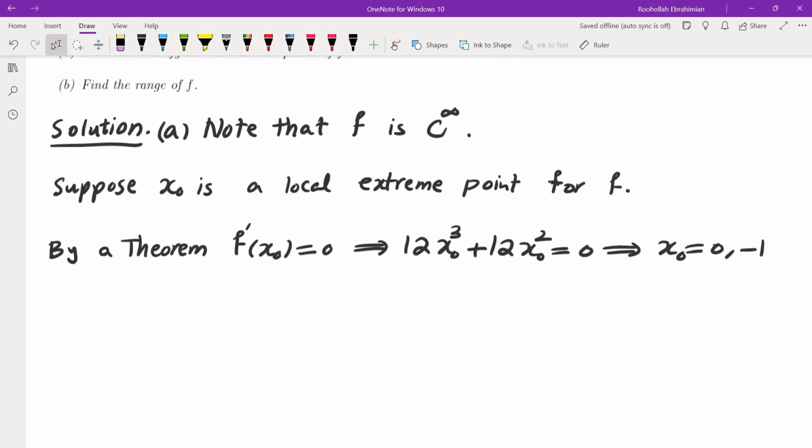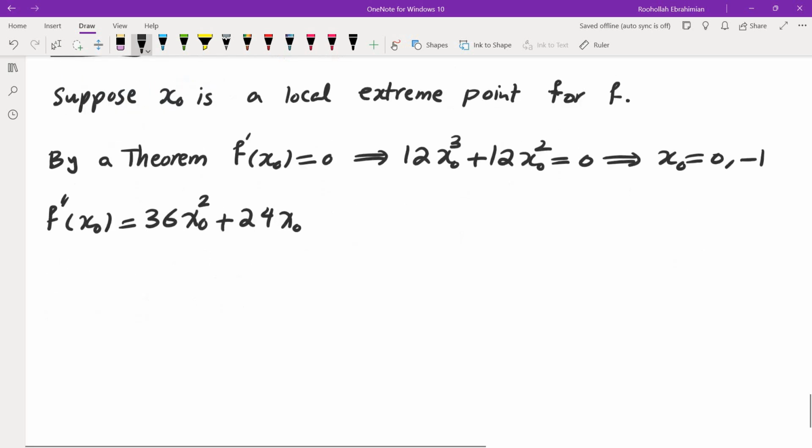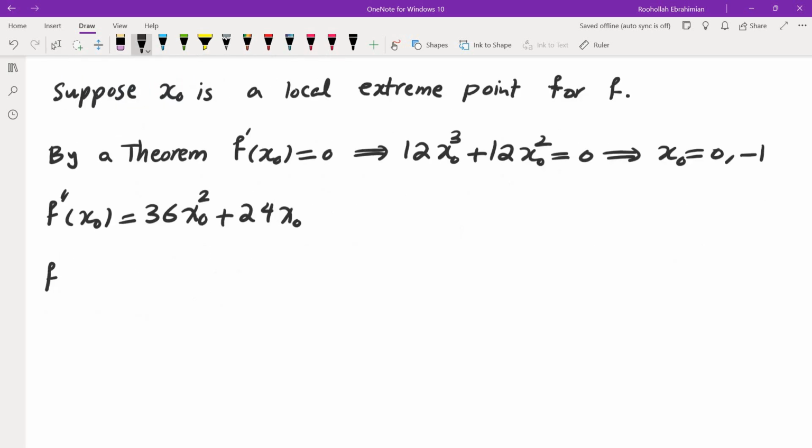Okay, let's look at the second derivative. Second derivative of f becomes 36 x naught squared plus 24 x naught. So if you look at f double prime of 0, we're just going to get 0. So that's inconclusive. So we don't know actually what happens at 0.